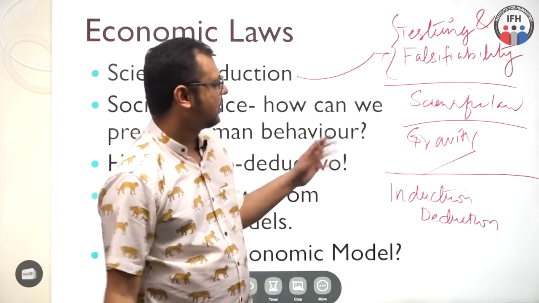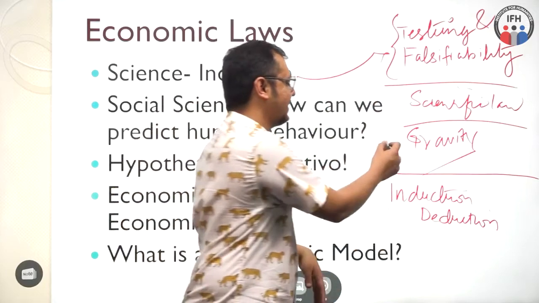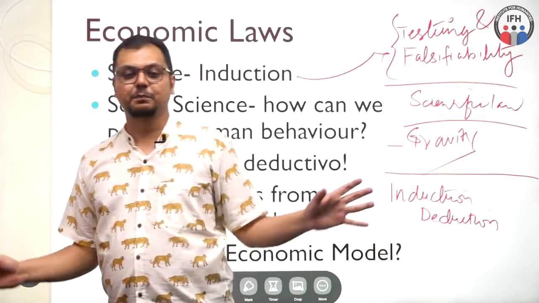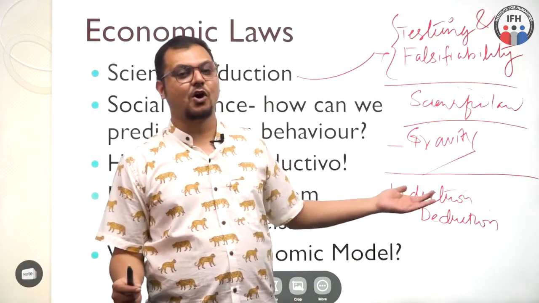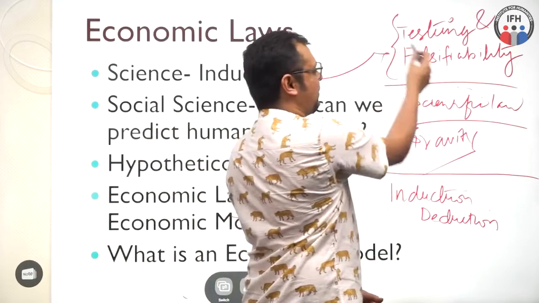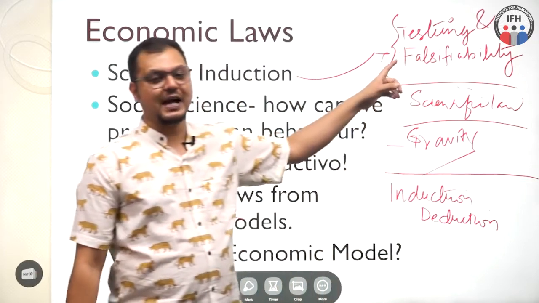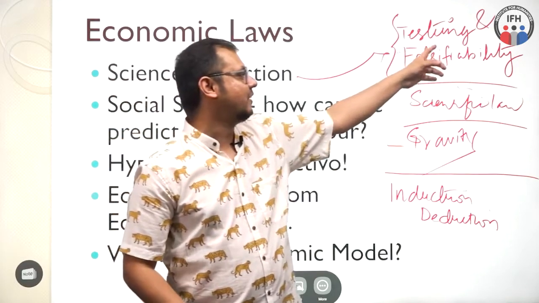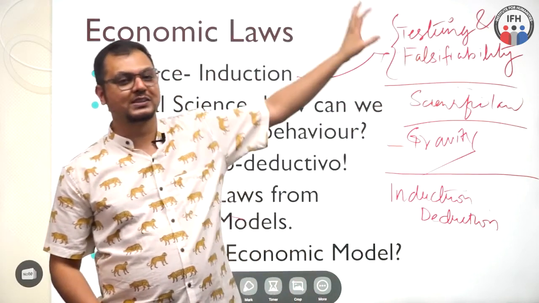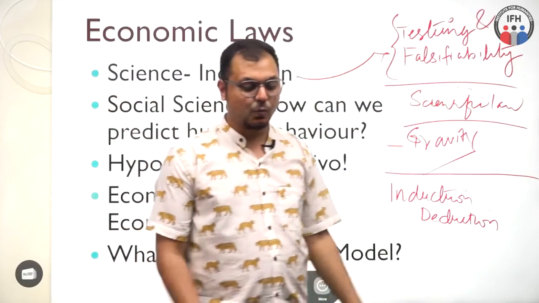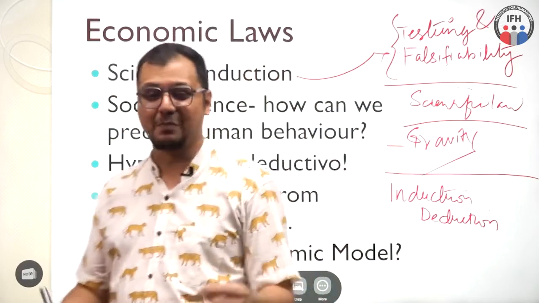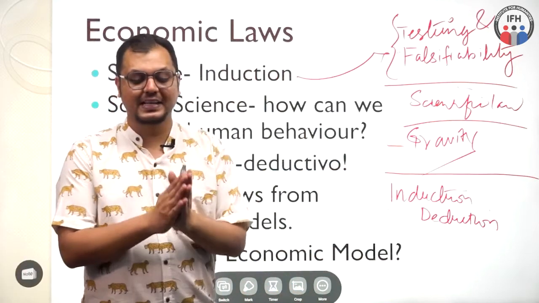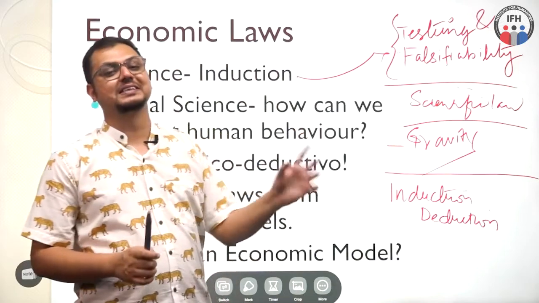So why is this important? Because once Newton established or induced this law of gravity, no matter where anybody else repeats it, that law holds good. And this is where testing and falsifiability comes in. This is actually something Einstein had also argued for, that a science must necessarily be testable and falsifiable. Once a hypothesis is being established as a law through this sort of induction, it can be tested anywhere and the results should be the same.